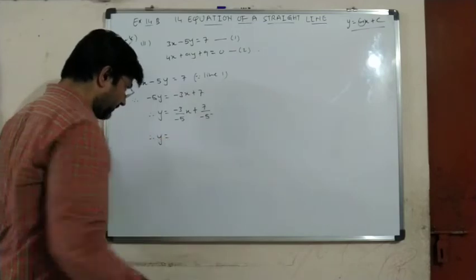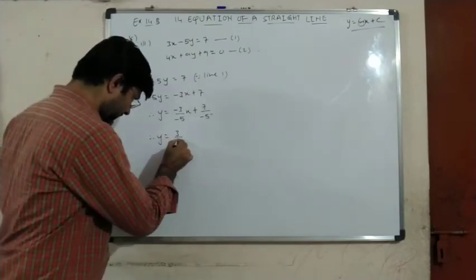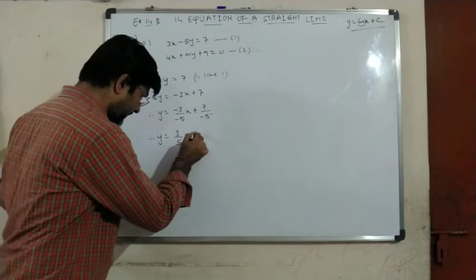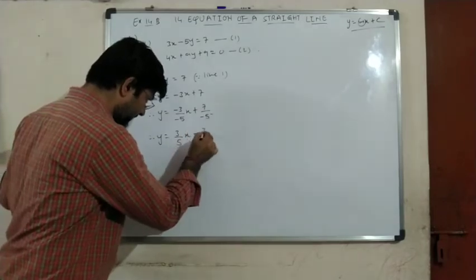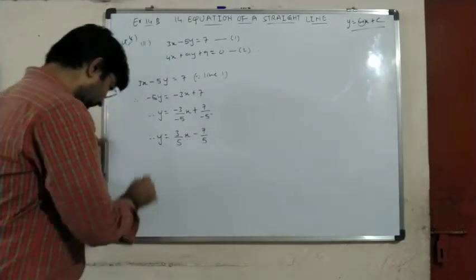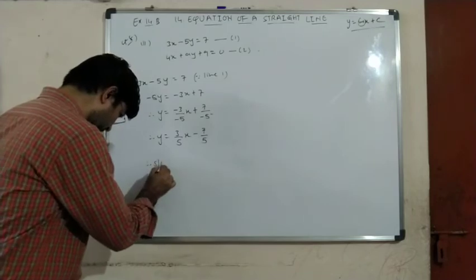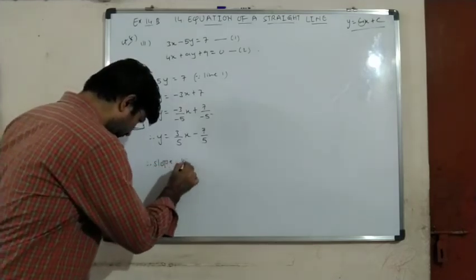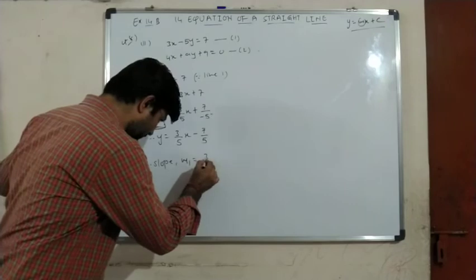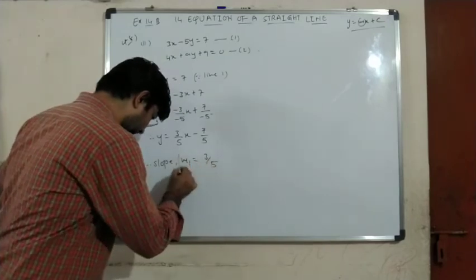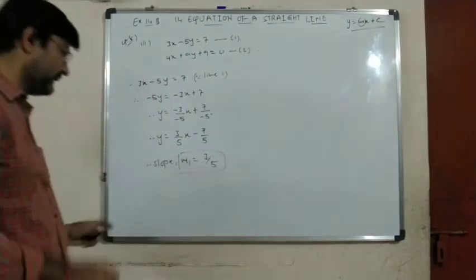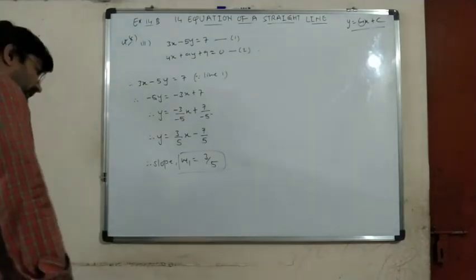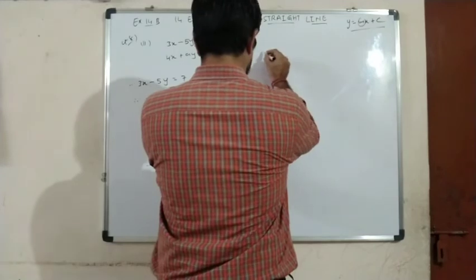Therefore y is equal to plus 3 upon 5 x plus 7 upon 5, and therefore slope, denoted by m1, is equal to 3 upon 5. This is slope of line 1. Clear? Now we will find out the slope of line 2.